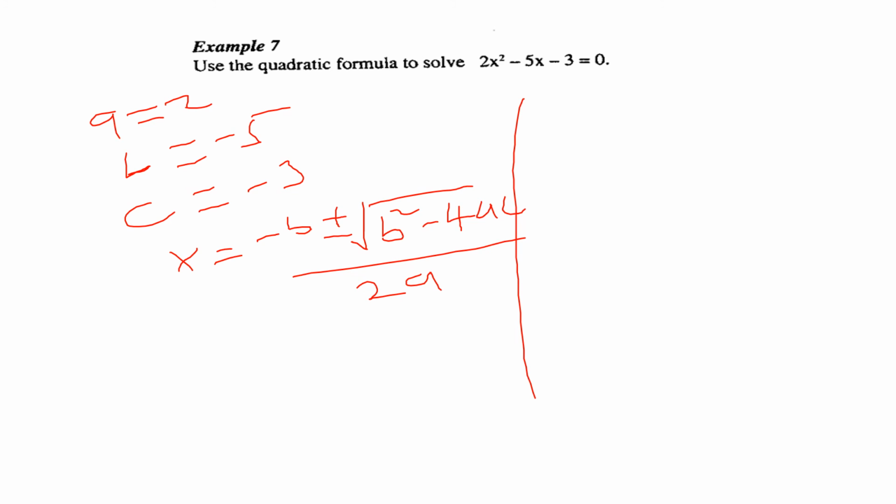So we will have x equivalent to negative 5, which is our b, and remember there was an earlier negative there, so we shall have negative negative 5, and the negatives form a positive, then plus or minus the square root of negative 5, which we square, then minus 4, multiplied by 2, multiplied by negative 3.